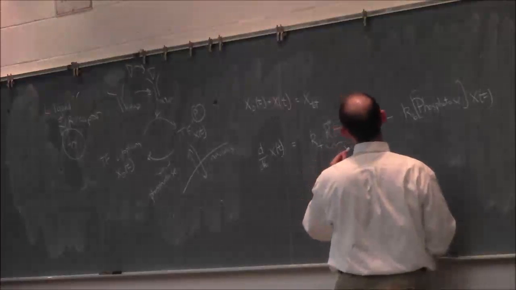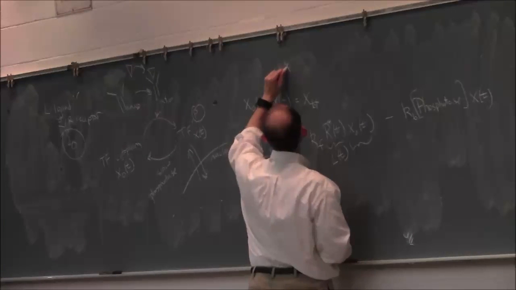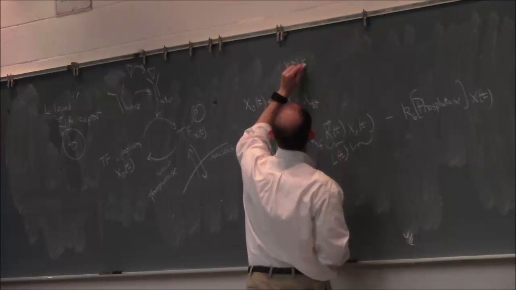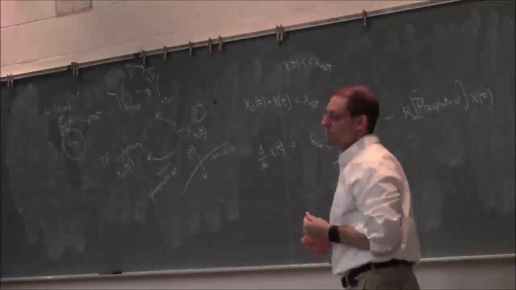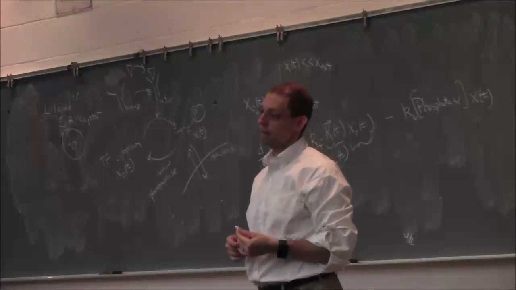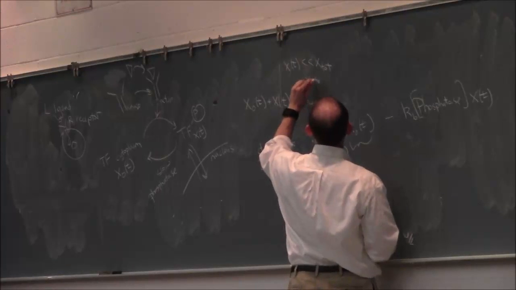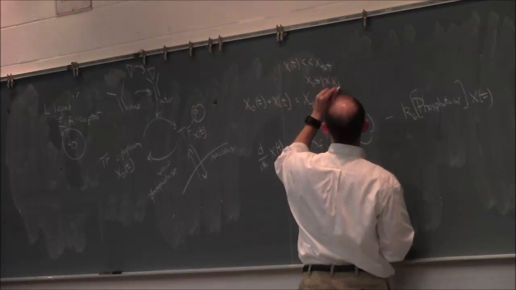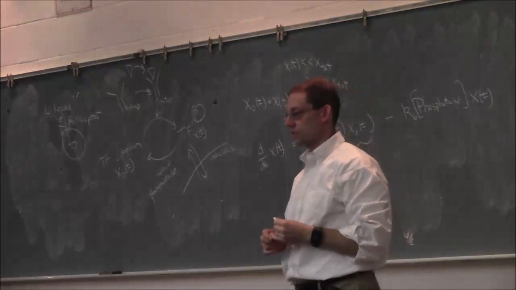What that means here is that we are thinking about the case where x of t is much smaller than x total. Most of the transcription factor stays unphosphorylated, and x0 of t is about equal to x total at all times.